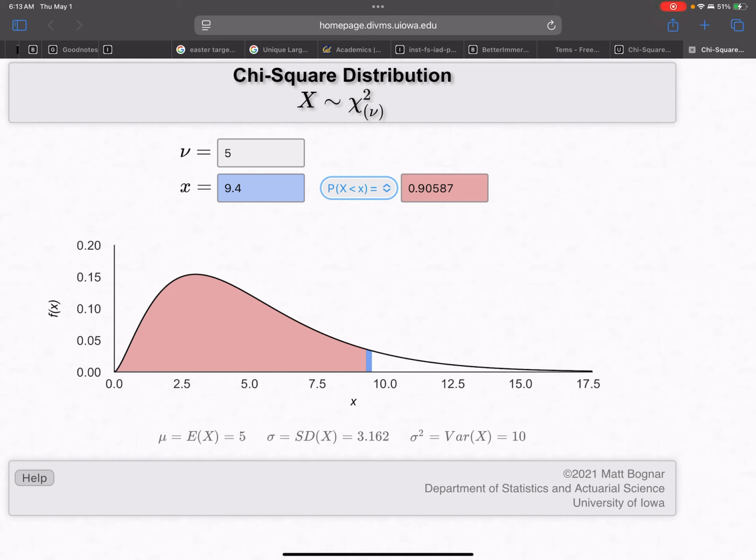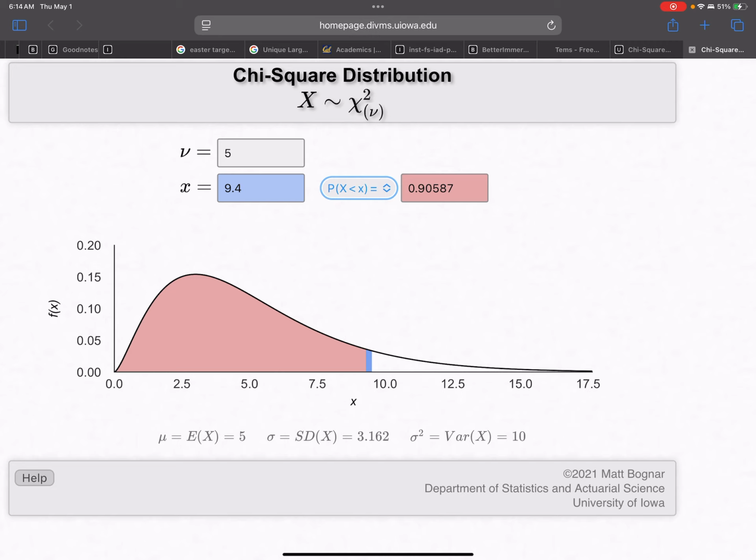This area to the left is what you get if you're using the CDF, right? Because the CDF is going to compute the area from minus infinity up to that value. So if we want the area to the right, that's the same as 1 minus the area to the left, because the total area under the curve has to be equal to 1, right?